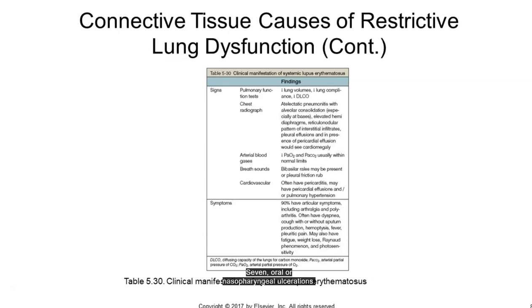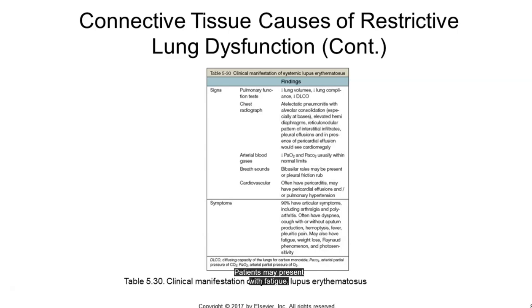Oral or nasopharyngeal ulcerations. 8. Photosensitivity. 9. Pleuritis or pericarditis. 10. Positive lupus erythematosus cell preparation, anti-DNA or anti-Sm test, or chronic false positive serologic test for syphilis. 11. Renal disorder with profuse proteinuria or excessive cellular casts in urine.